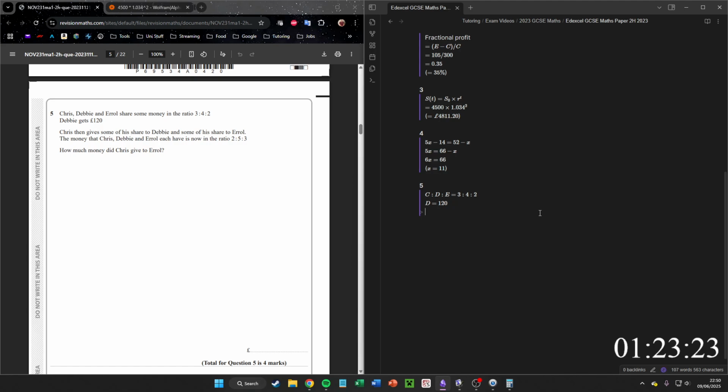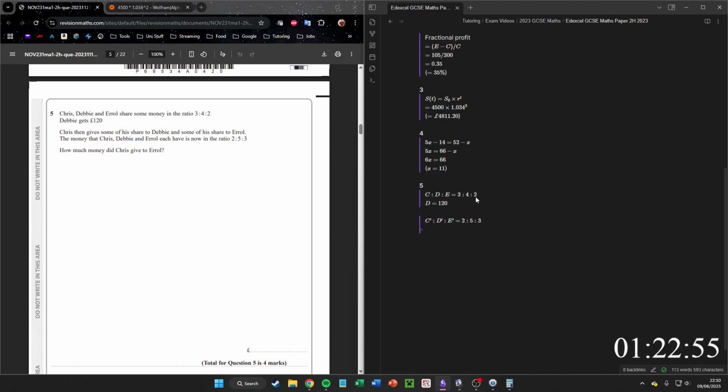Chris then gives some of his share to Debbie and some of his share to Errol. The money that Chris, Debbie, and Errol each have is now in the ratio. So I'll say something like C prime, D prime, E prime is equal to 2:5:3.